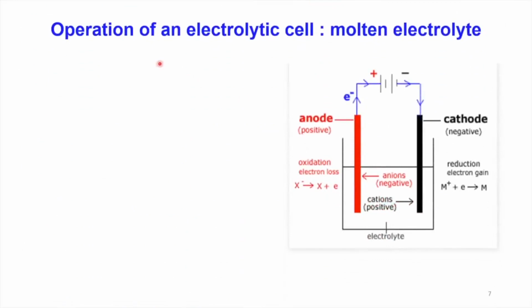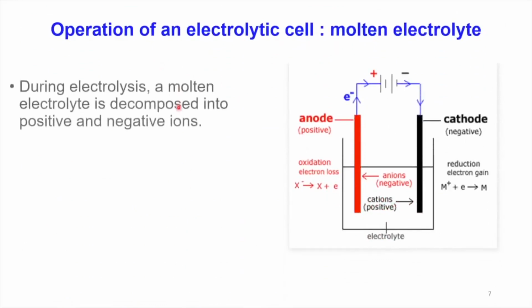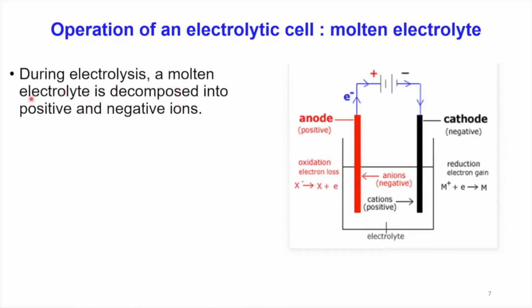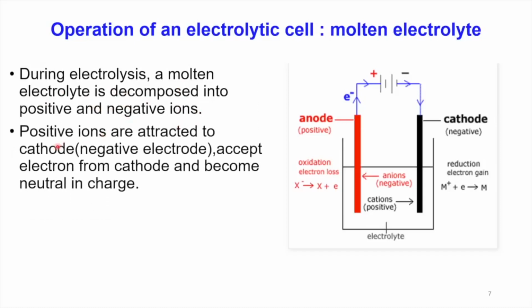Let's look at this example of an electrolytic cell when we use a molten electrolyte. During electrolysis, a molten electrolyte is decomposed into positive and negative ions. So positive ions, or cations, are attracted to the cathode, the negative electrode. The cation will accept electrons from the cathode and become neutral in charge.